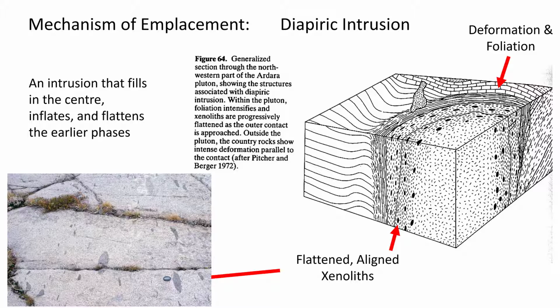So you can see the examples on the bottom left photograph, as well as is represented by the black flattened dots in the diagram on the right. You can see those xenolith examples that are preferentially aligned near the contact of the intrusion.